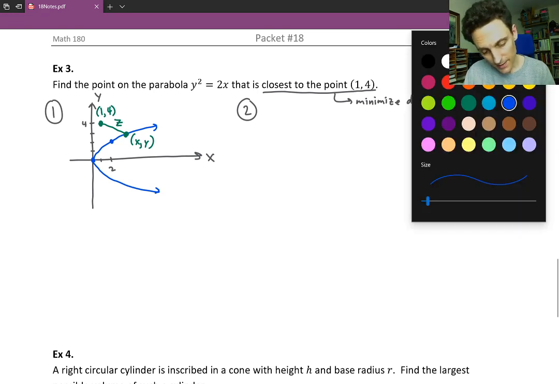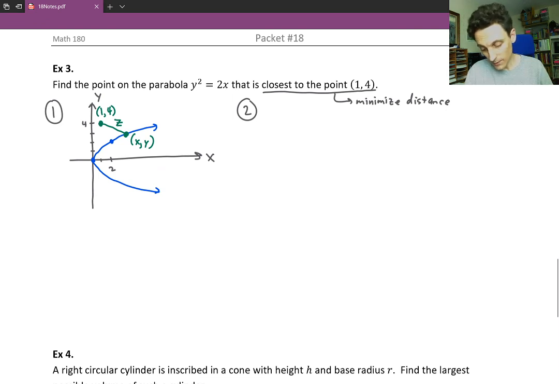We can write this distance using the distance formula. We can write z equals the square root of the difference of the x's squared plus the difference of the y's squared.